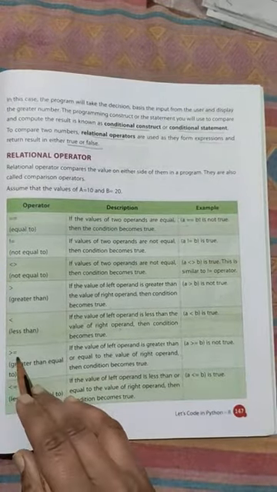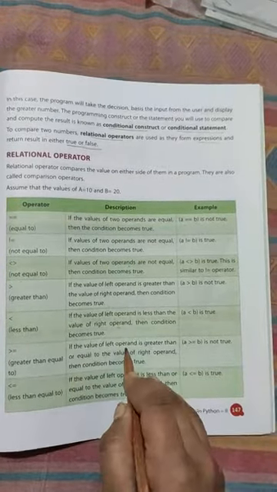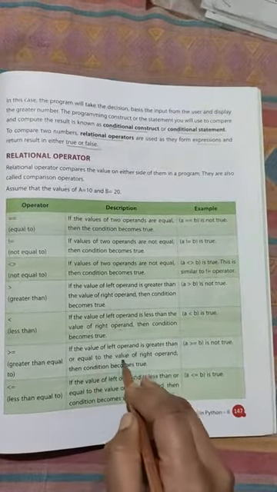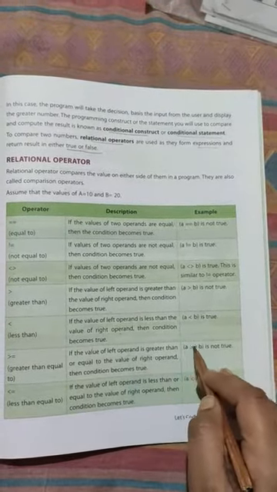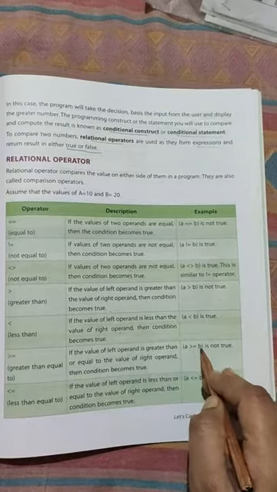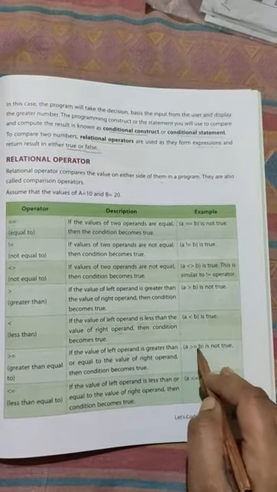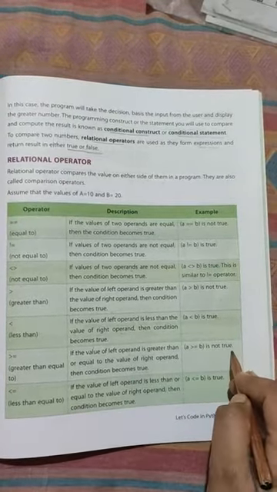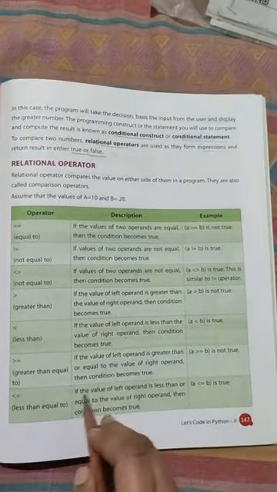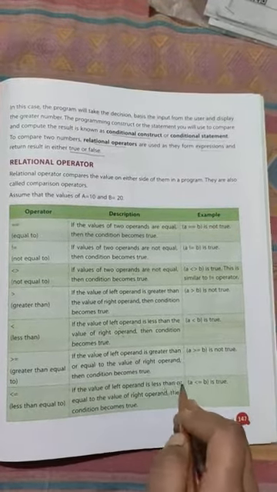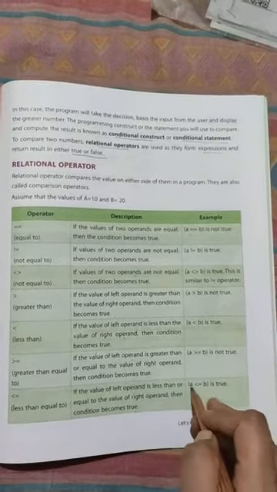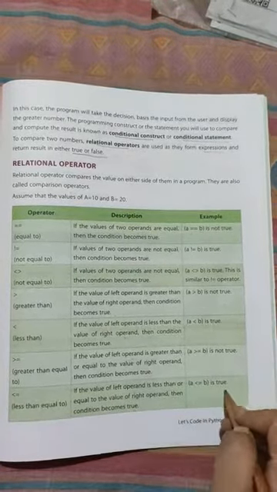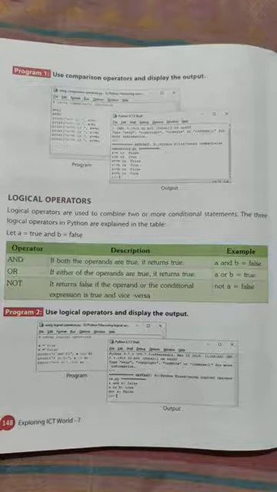Then greater than or equal to: if the value of the left operand is greater than or equal to the value of the right operand, the condition becomes true. a is 10, is 10 greater than or equal to 20? So it is not true. Then less than or equal to: if the value of the left operand is less than or equal to the value of the right operand, then the condition becomes true. 10 is smaller than or equal to 20, so it's true. Got it?